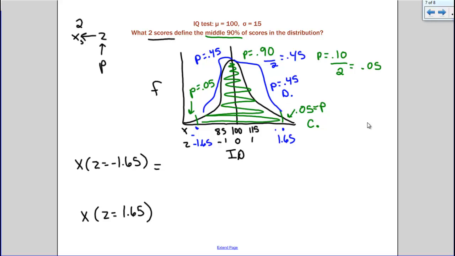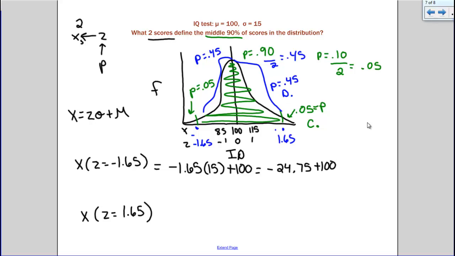So, using our awesome x equals z times standard deviation plus the mean formula, we have negative 1.65 times 15 plus 100. And I've already done the math in advance. So negative 1.65 times 15 is negative 24.75 plus 100. This is just like saying 100 minus 24.75, and you get 75.25.